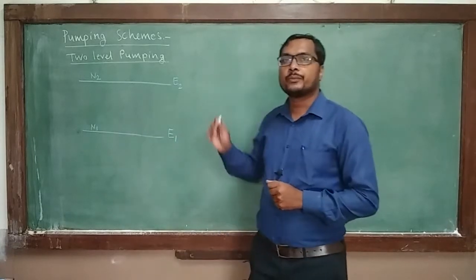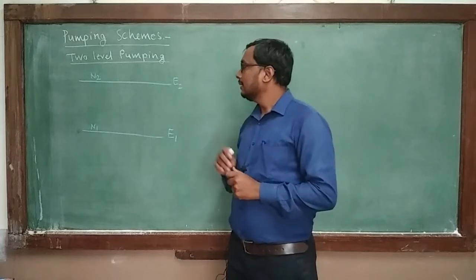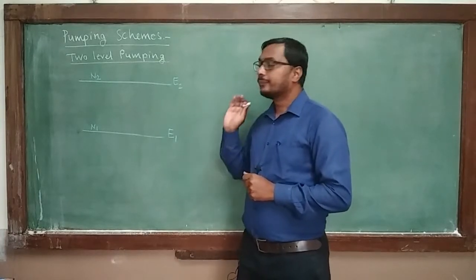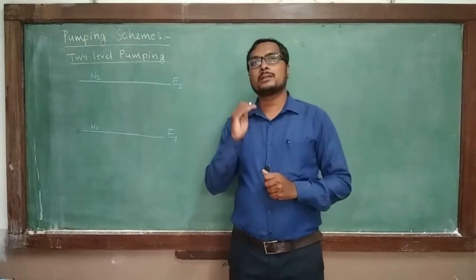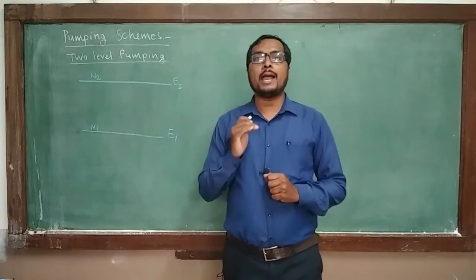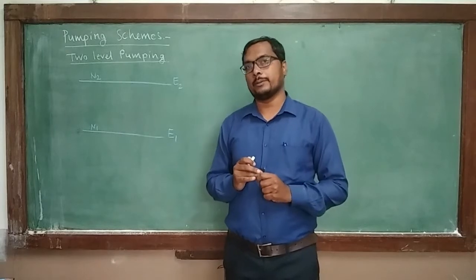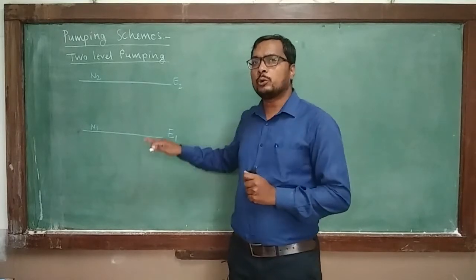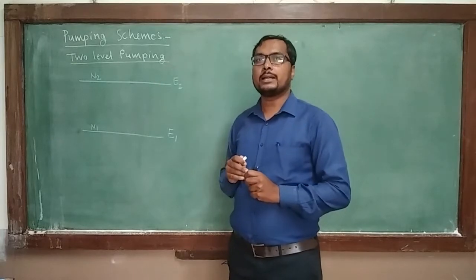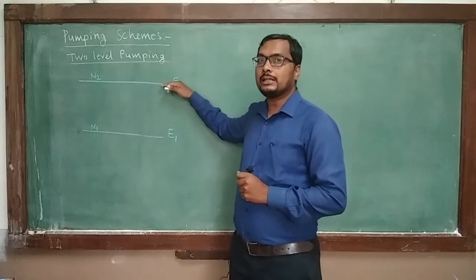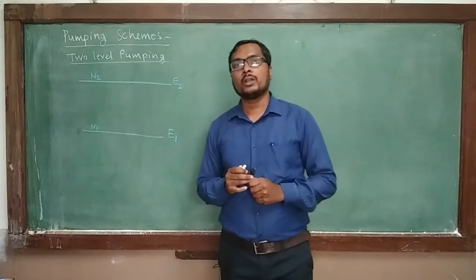From the given figure, it can be seen that the 2-level scheme is a more simple and straightforward pumping scheme. That means we have to lift the atoms from this level to this level and create the population inversion in the upper energy level.